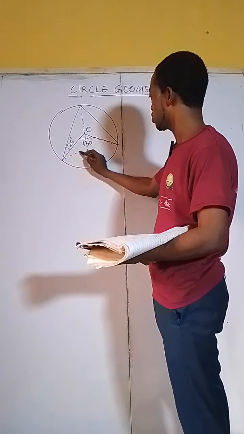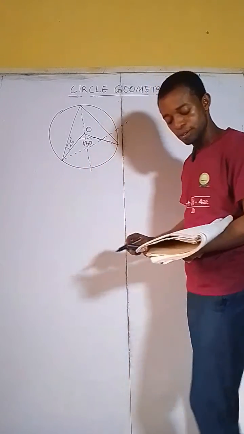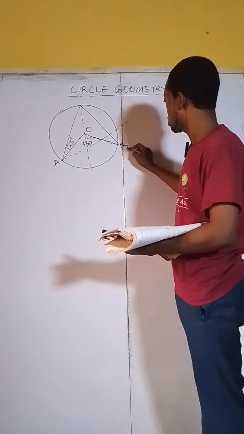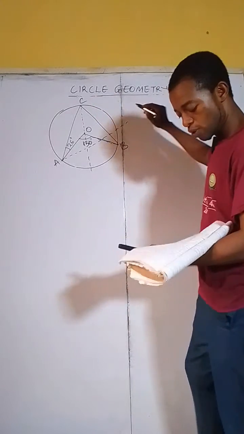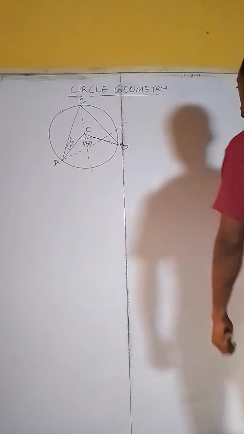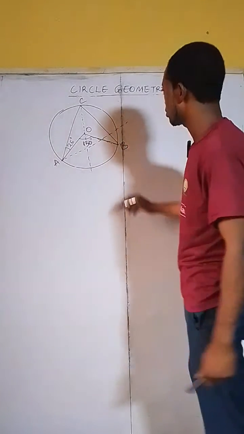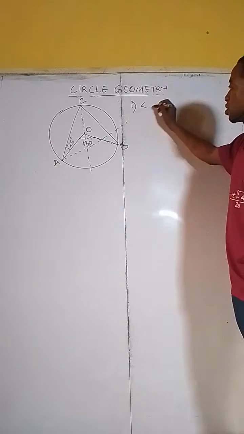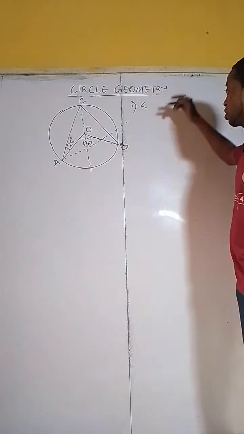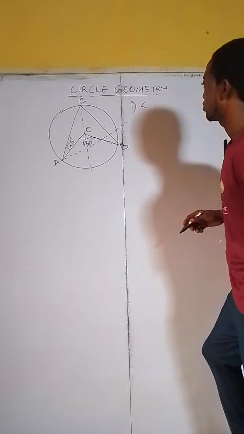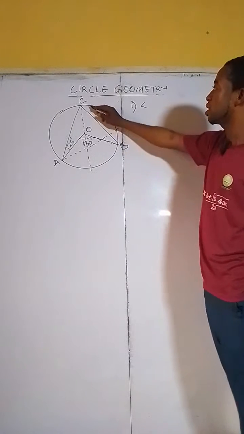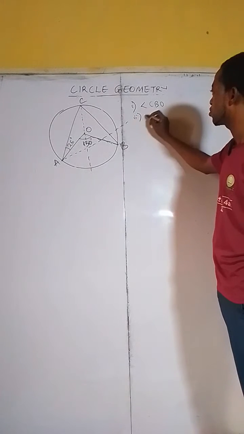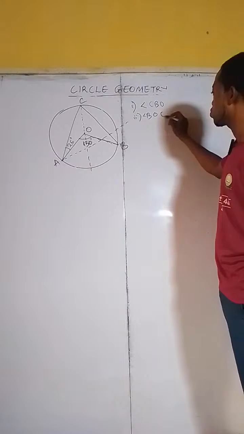So this line is just a distraction line, and they label this point as A, this point as B, this point as C. So the question says we should find angle CBO, and we should find angle BOC. So two angles we are finding.